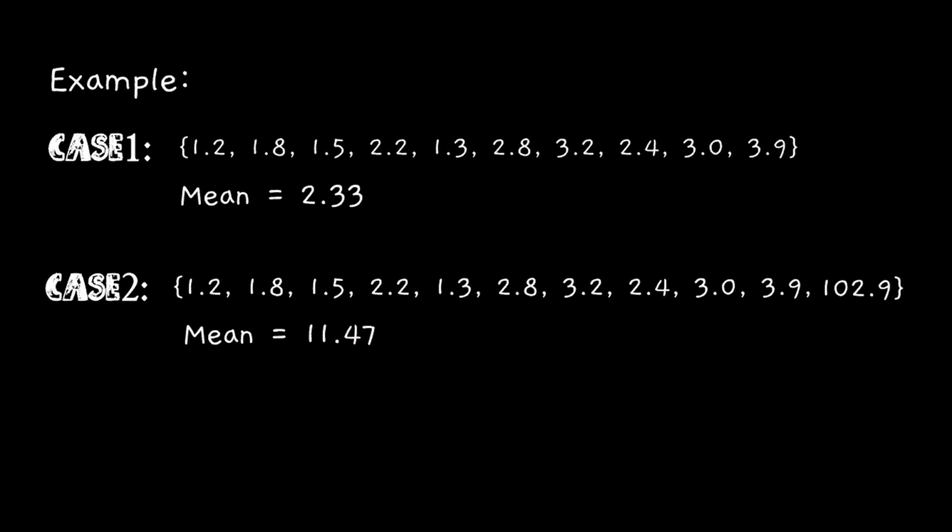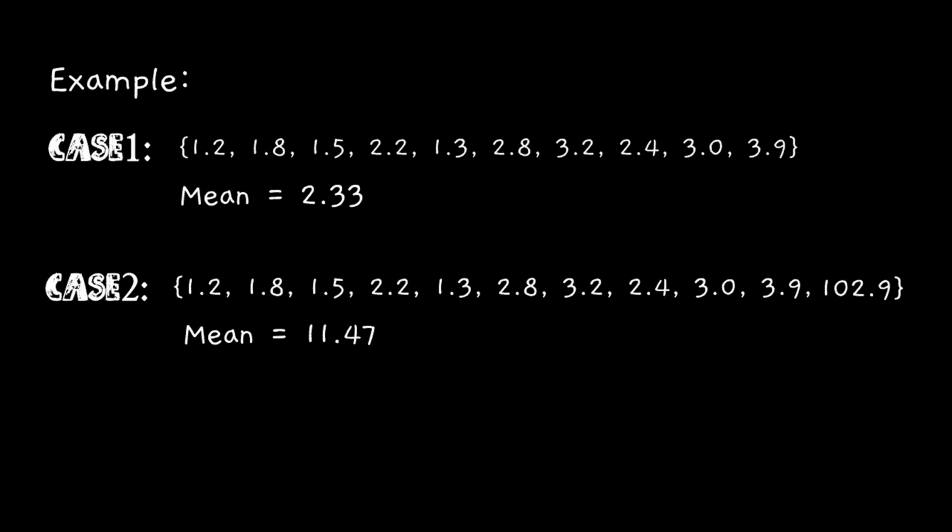We have seen two cases here. In the first case, if you notice, all the observations lie between 1 and 4 and the mean is 2.33, which is in this range. In the second case, I have just added 102.9. The rest of the observations are the same.